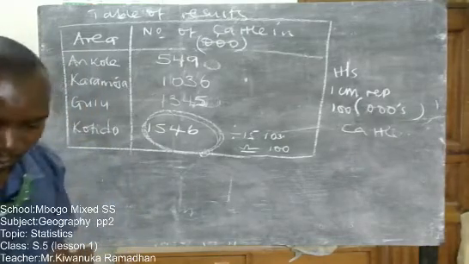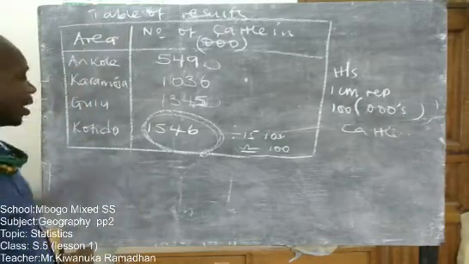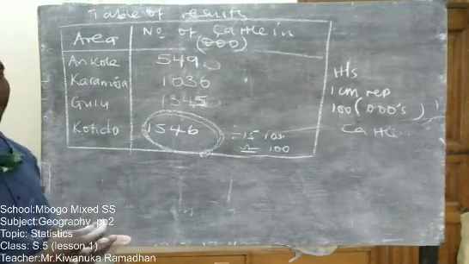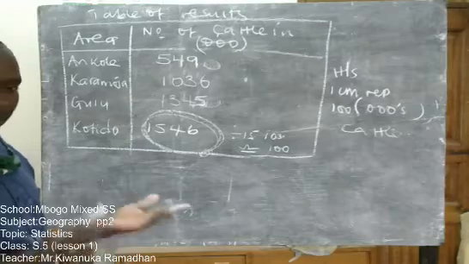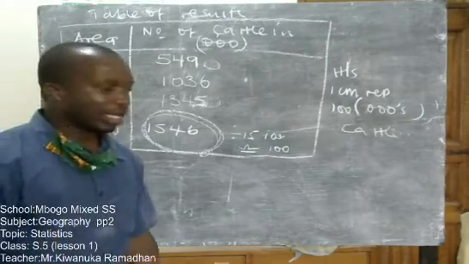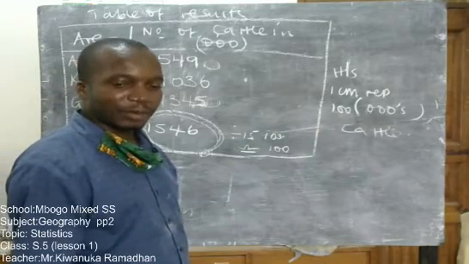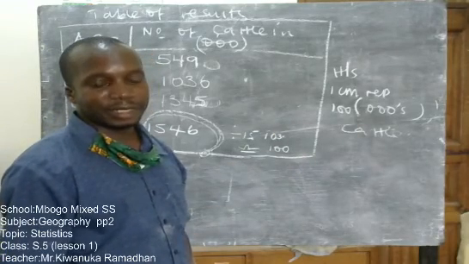After drawing, you remember to put the title like we did, you put the key, and you perfect your work. That is for today. In our next session, we are going to look at the compound divided rectangle.